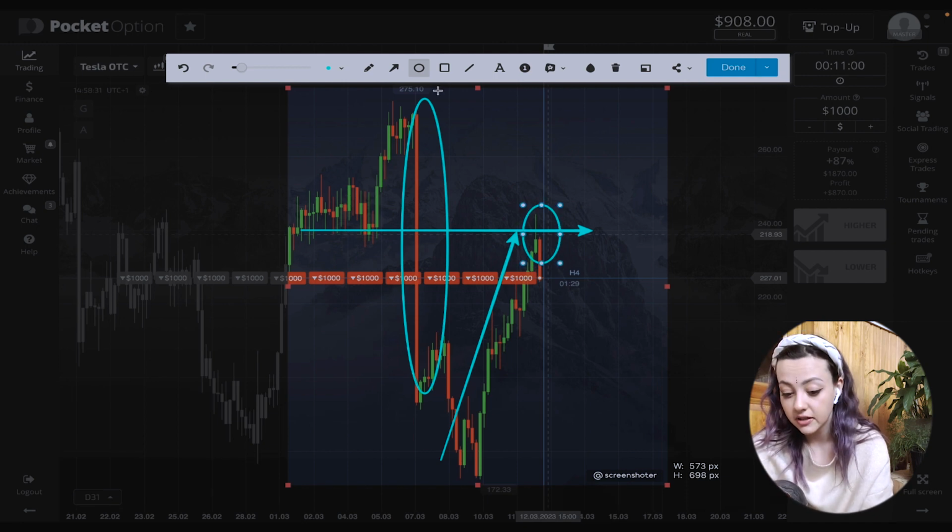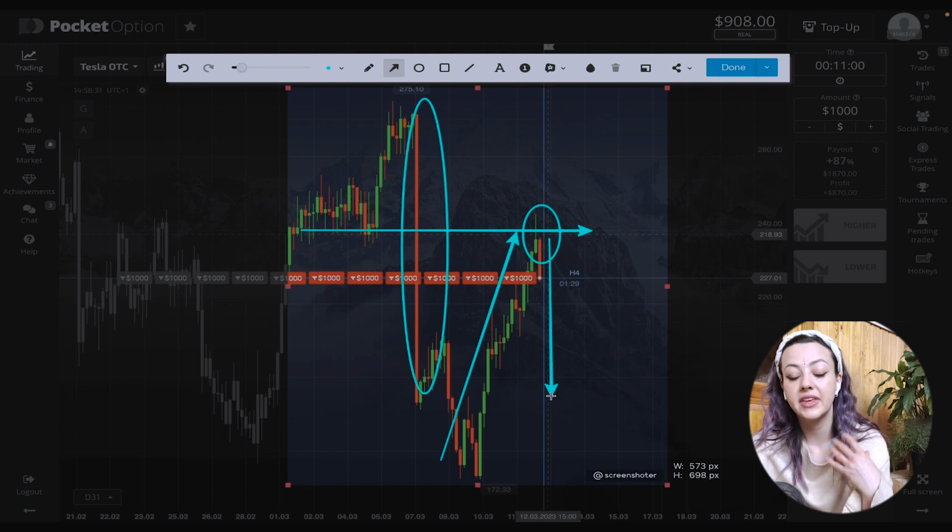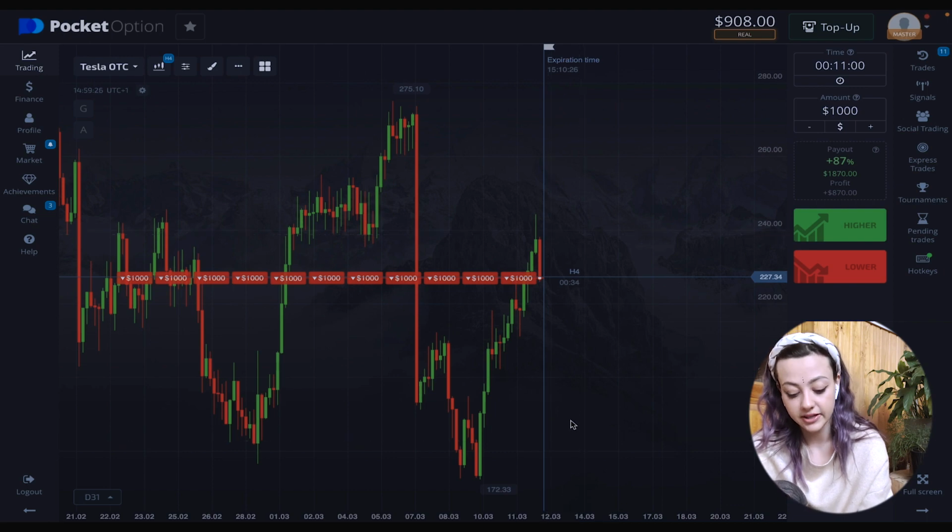What does it mean? It means that the graph will keep falling down. Moreover, it can get over the previous position of the candlestick and go further. That's why we entered so risky.